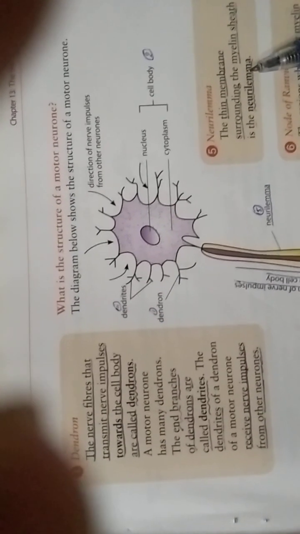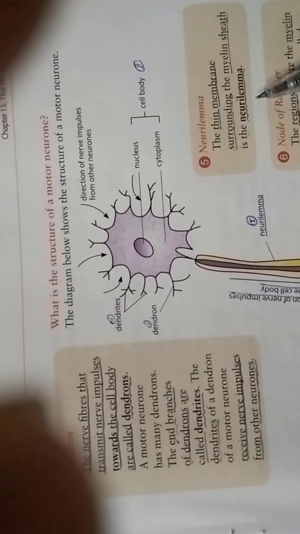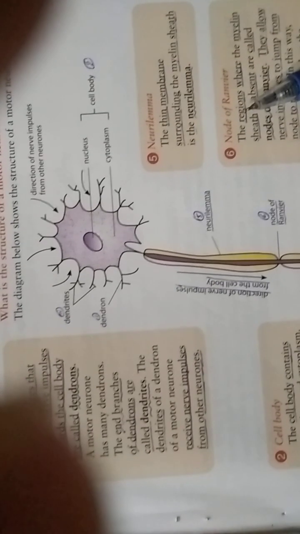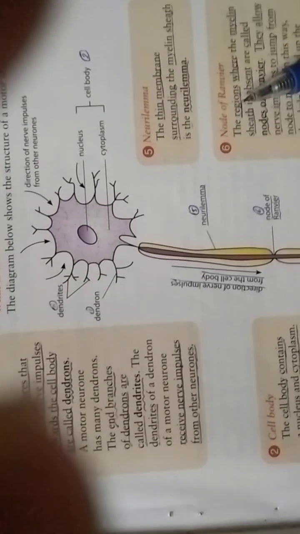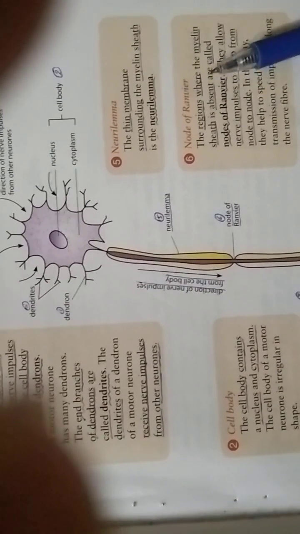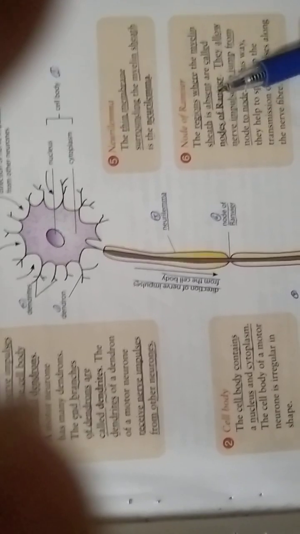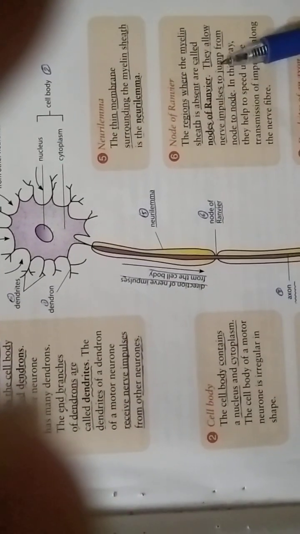Neurilemma: the thin membrane surrounding the myelin sheath is the neurilemma. Node of Ranvier: the regions where the myelin sheath is absent are called nodes of Ranvier.